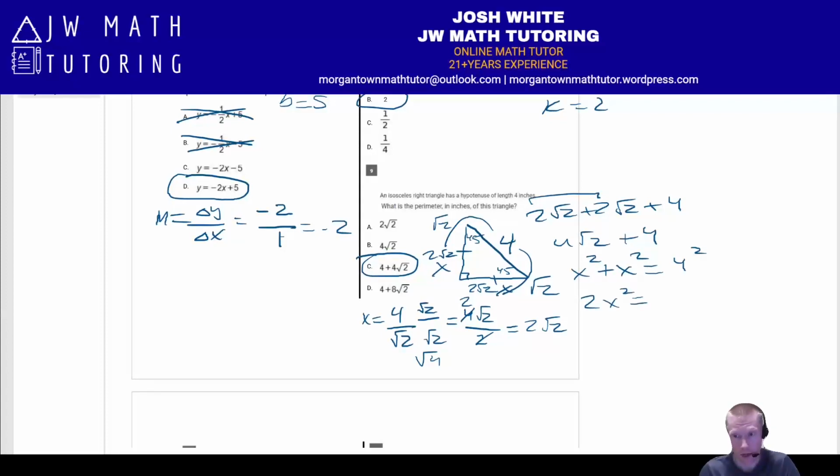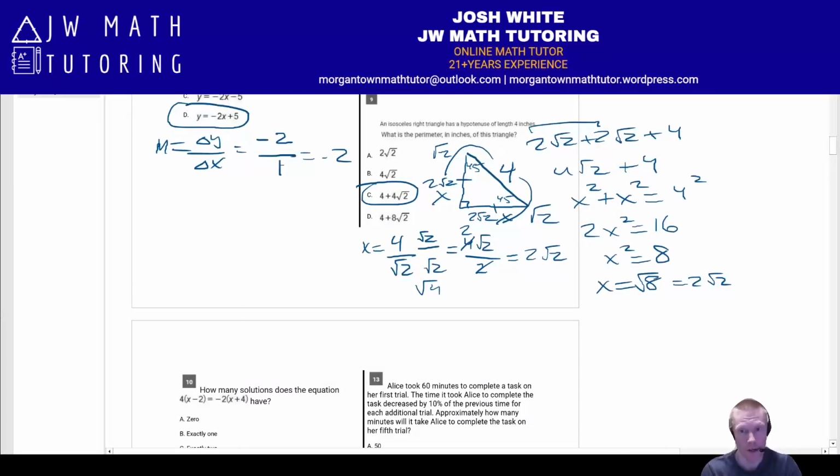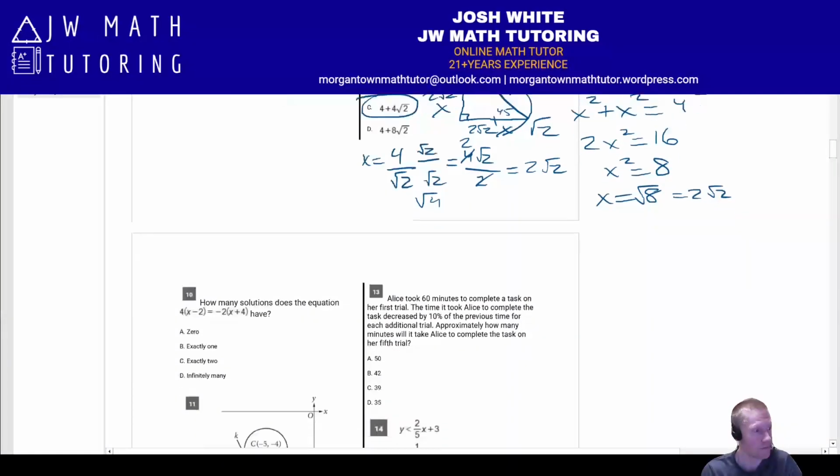So 2x squared is going to equal 16, x squared is going to equal 8, x equals the square root of 8, and then you would just simplify that to 2 root 2. And then you would do the same exact process I just did where you add up 2 root 2 plus 2 root 2 plus 4. Get the same exact answer. So you could also use the Pythagorean theorem if you did not remember the 45, 45, 90 special right triangle formulas.